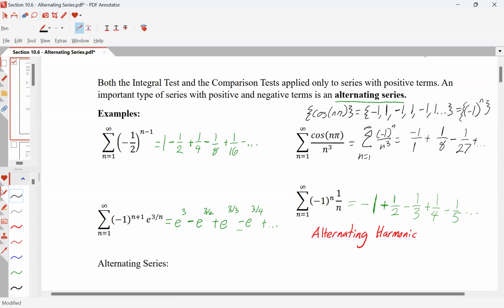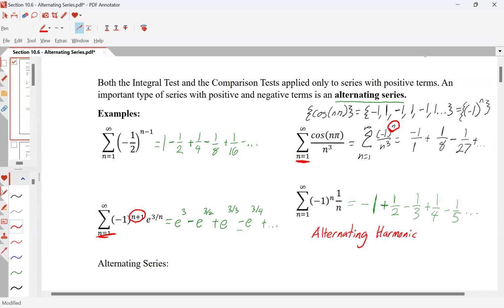Now, before formally starting to talk about this alternating series, there's a little bit of a question of what is the difference between (-1)^(n+1) and (-1)^n. And what that does, especially if we have the same starting lower bound, is it's changing whether we start with a positive or a negative.